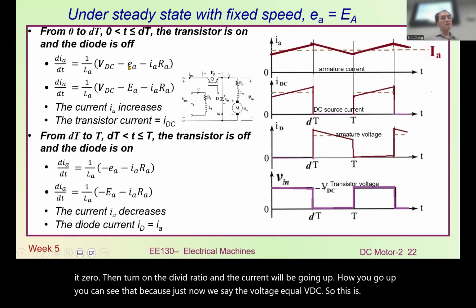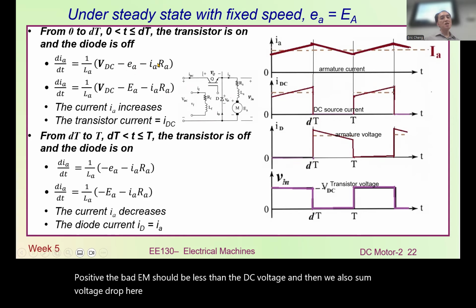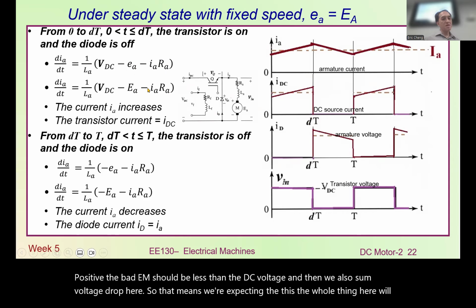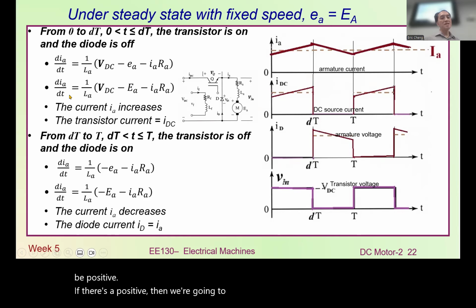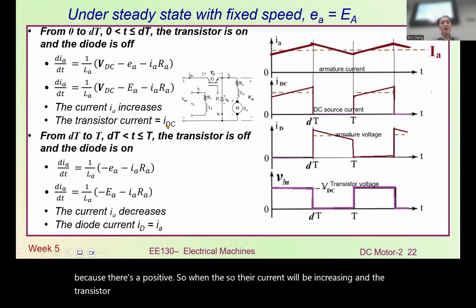The back EMF should be less than the DC voltage, and we also have some voltage drop here. So we're expecting the whole thing here will be positive. If it's positive, then we're going to see that dI/dt will be increasing. So the current will be increasing, and the transistor current is also your IDC.